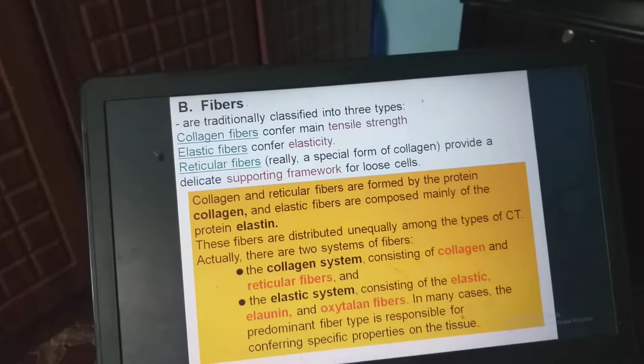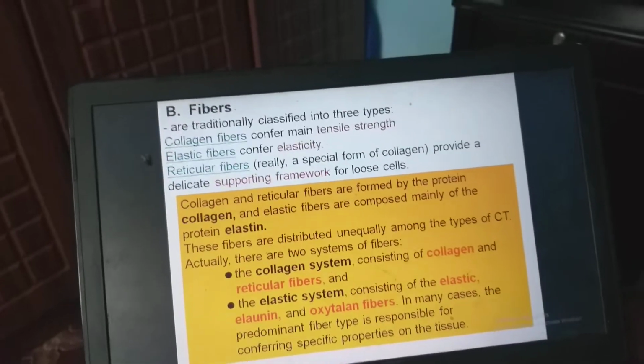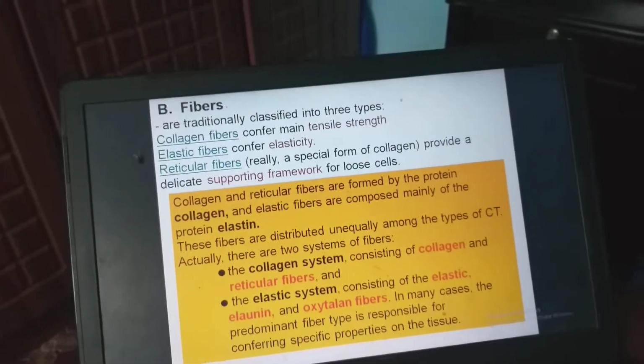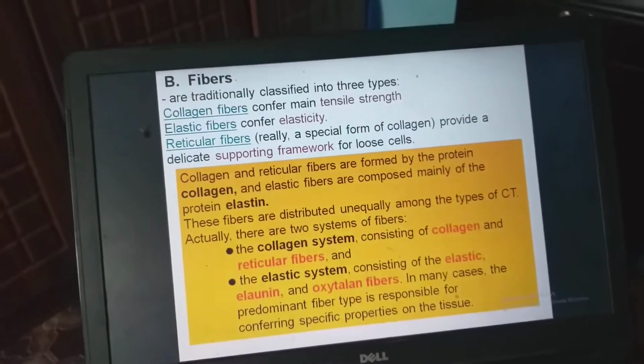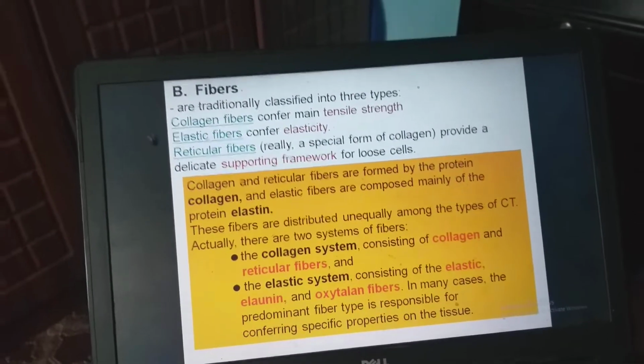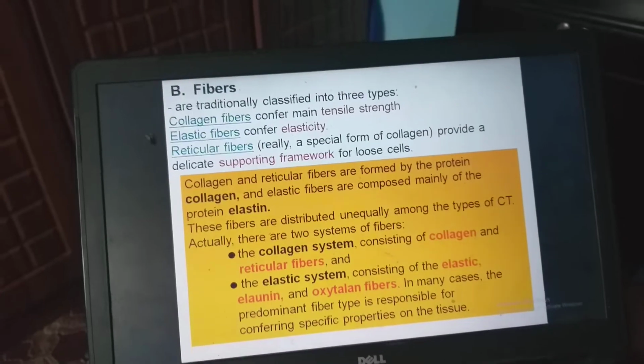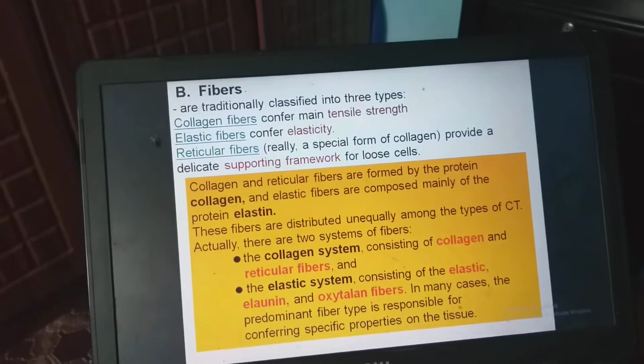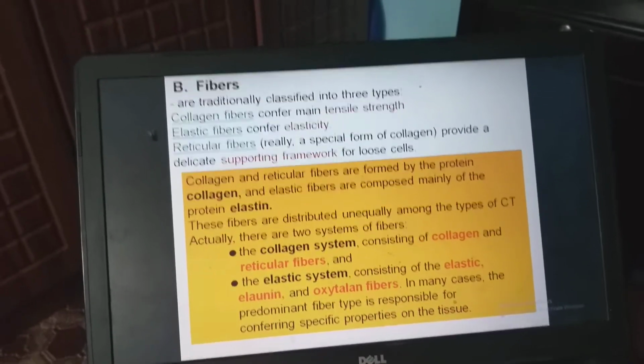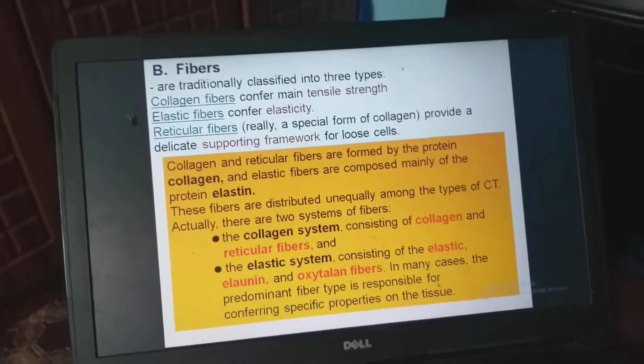The other is fibers. Fibers can traditionally be classified into three, or by system into two. Traditionally, into three: collagen fibers, elastic fibers, and reticular fibers; or by system, the collagen system and the elastic system only.